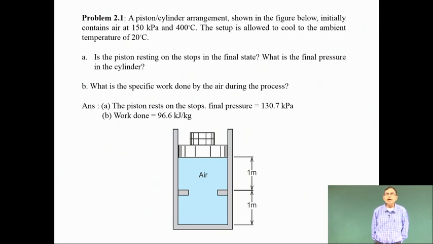The question is, at 20 degree centigrade, the final temperature, will it hit the stops? What is the final pressure and what is the specific work done, that means work done per unit mass by air during the process? So, let me first draw a schematic of this problem and see what is the given data, and then we will solve the problem accordingly.